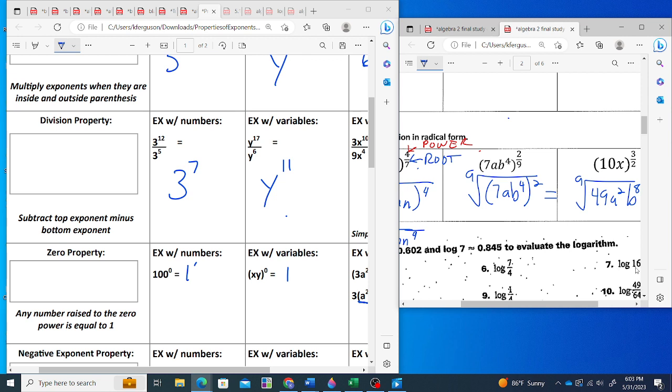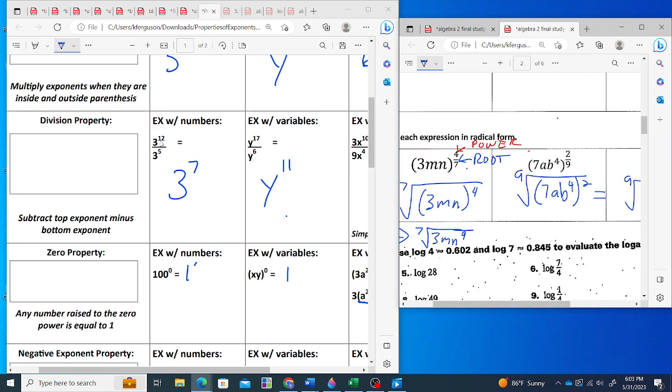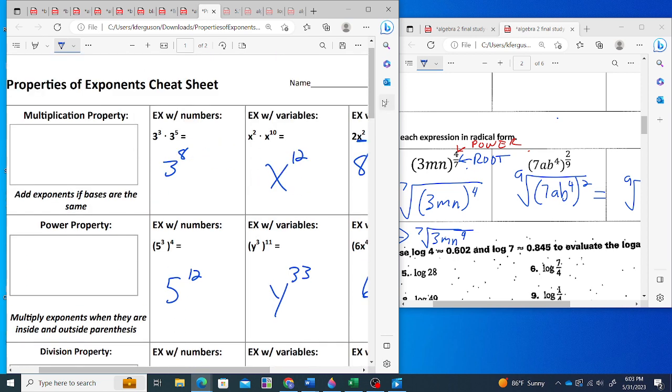So you want to make sure you got those exponent rules down, okay? Fractional exponents, dividing exponents, the property for exponents, the negative exponent property, and power and the product property, or sorry, multiplication property.